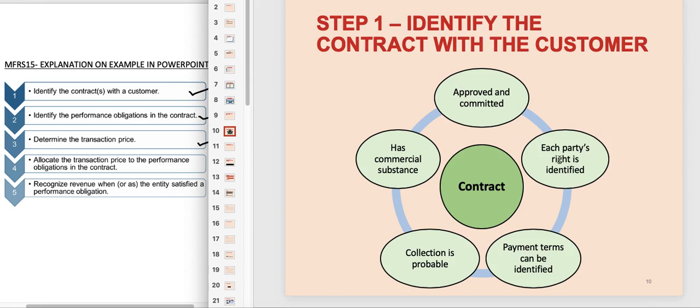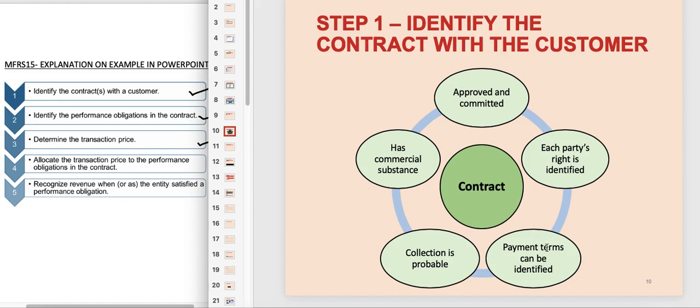That means when you sell goods to your customer or provide services, at that point you know what the right of the customer is when they receive the goods, which means that once you deliver the goods to the customer, the customer will possess the rights and control over the goods. That will be considered as transferring the rights or the control of the goods to the customer.